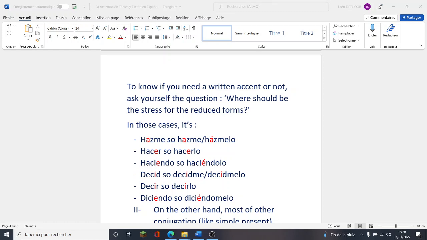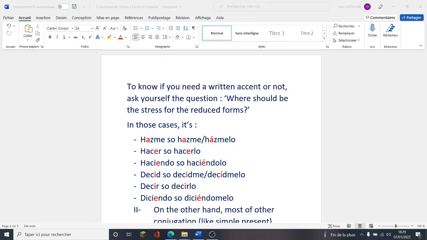What happens with the second example we had? We had hacerlo. But what's the raw form of hacerlo? When you remove the pronoun, you only have hacer. And hacer is a word that ends with a consonant, so it's stressed on the last syllable. What about the hacerlo form? You have right now a new syllable, which is the pronoun lo. So it might have changed something, right?